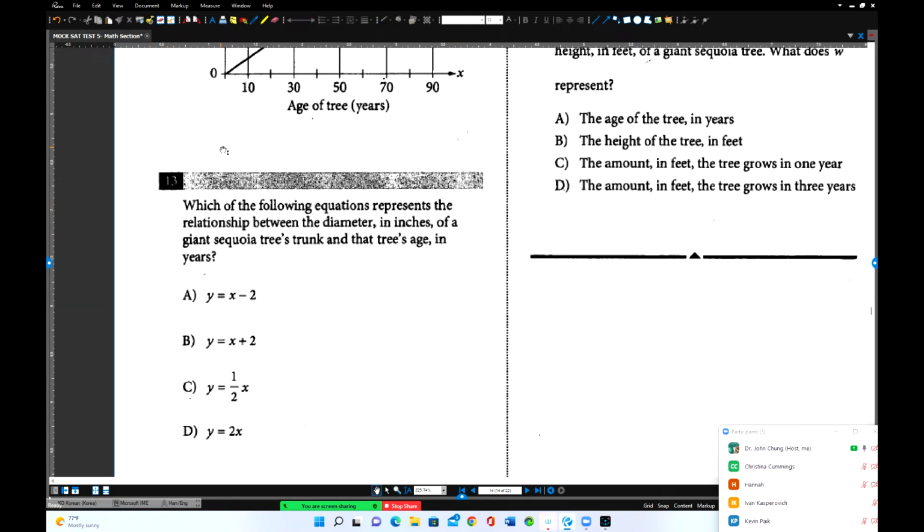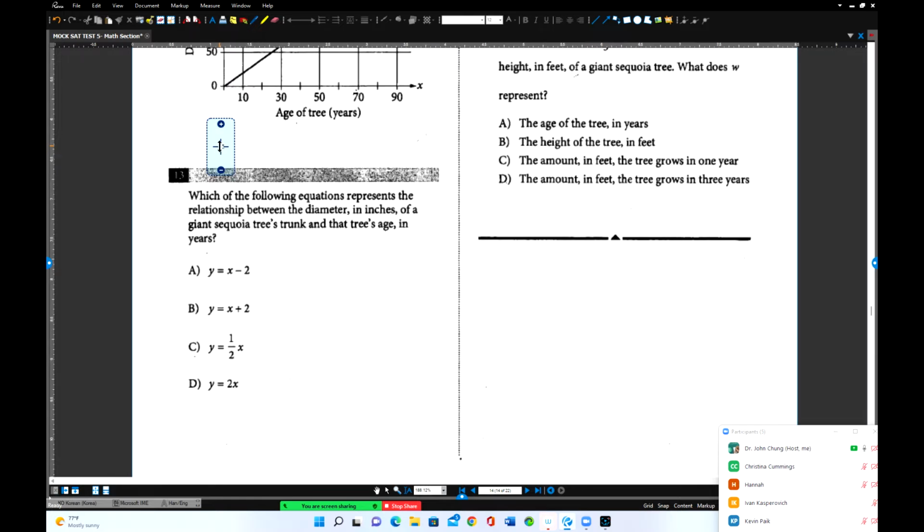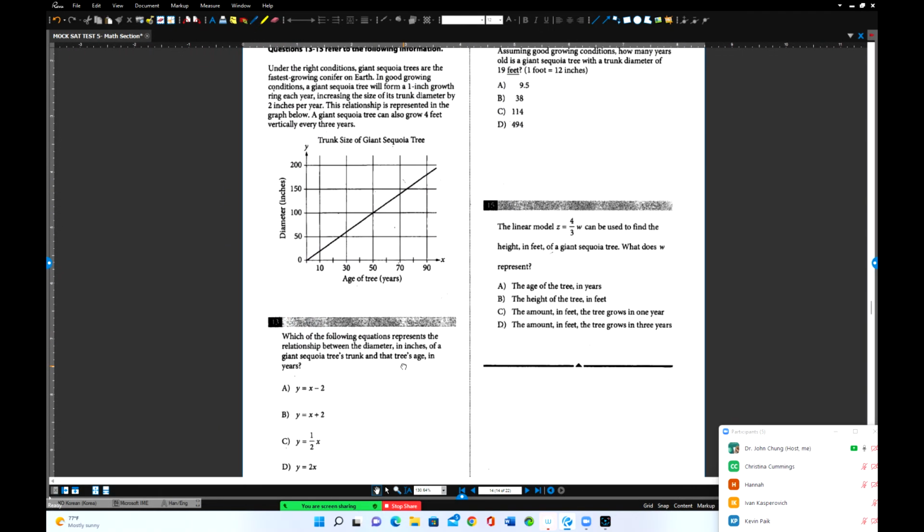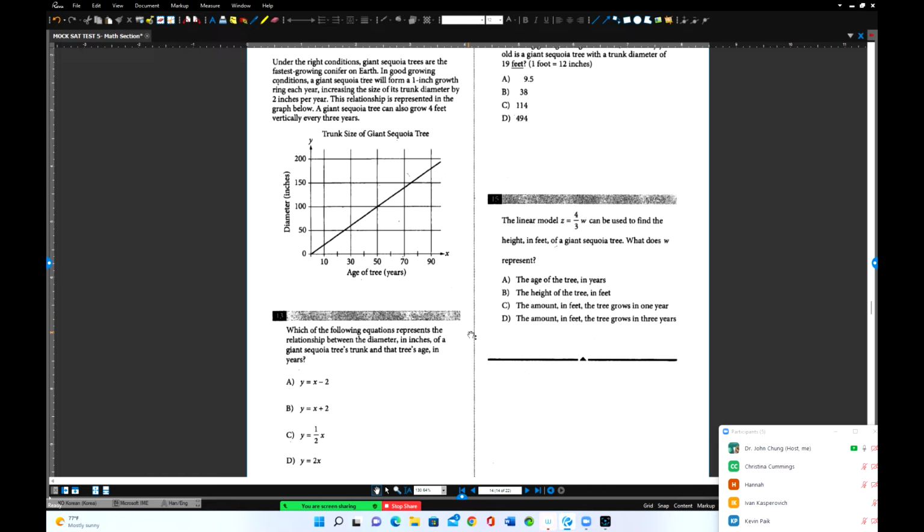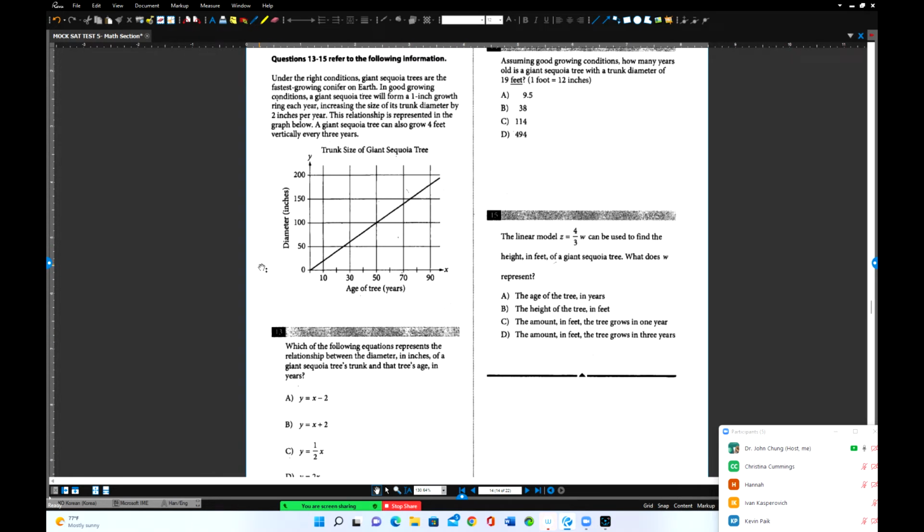Oops, we need a graph, I think. Yeah, this is a graph. All right, under the right conditions, giant sequoia trees are the fastest growing conifer on Earth.